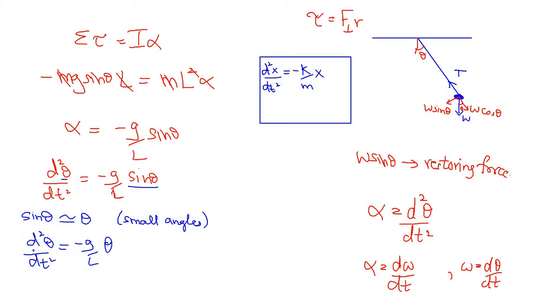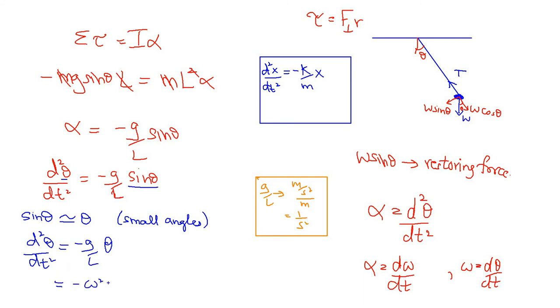And so if you again go back to the same argument, you look at the dimensions of this factor over here, it's just going to be a frequency squared. That's easy to see. You can see that g over L has units of meters per second squared divided by meters. So this is 1 over second squared.